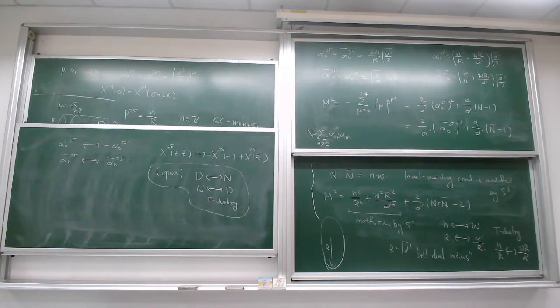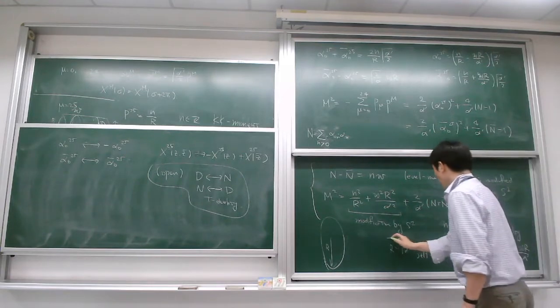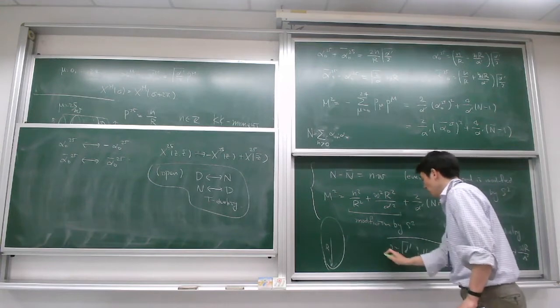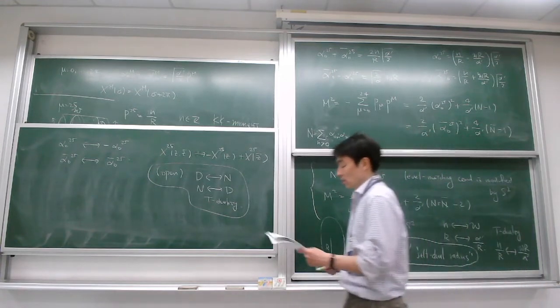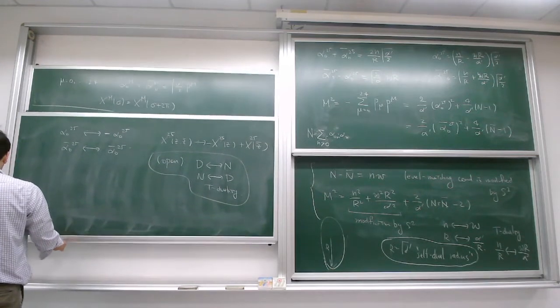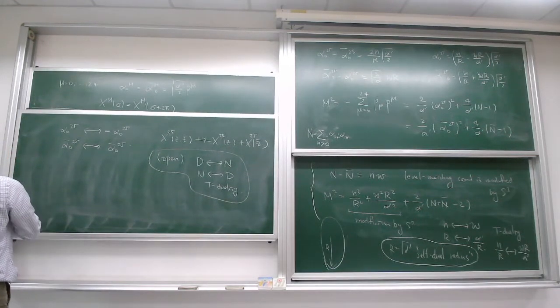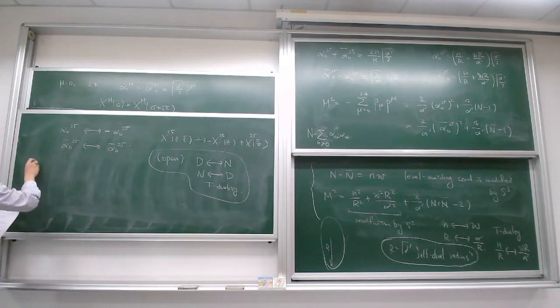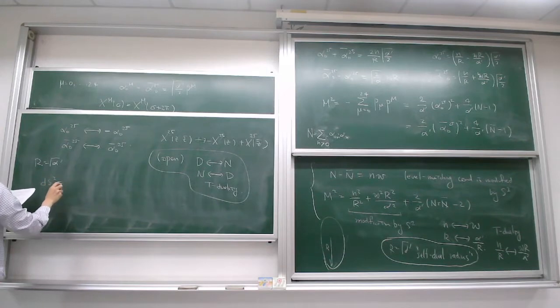Let's look at this self-dual radius. Something special happens at the self-dual radius R equals square root alpha prime. To see that, let's look at the metric, the Kaluza-Klein compactification.